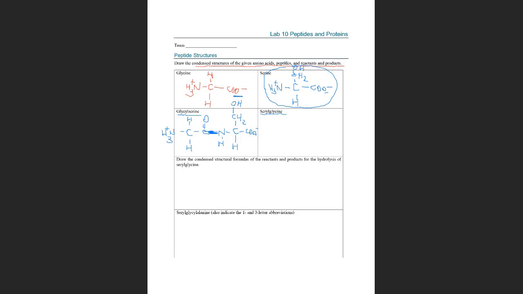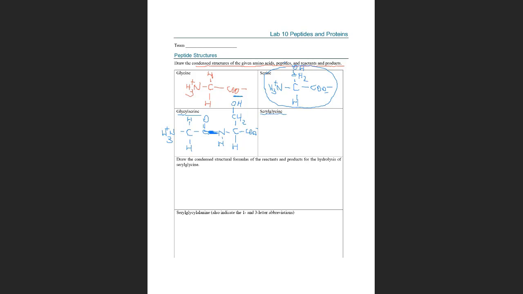And then it says draw a condensed formula of the reactants and products for the hydrolysis of serylglycine. What are the products of hydrolysis? If you treat it with an enzyme, again, you get the original amino acids. So you draw serine and glycine.